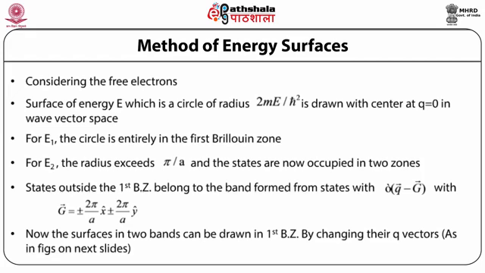Now, as I had shown in the previous slides, the surface in 2 bands where the electrons with higher energy are occupied can be drawn in the first Brillouin zone by changing their q vectors. That is, you bring the occupied levels of the second Brillouin zone and map them onto the first Brillouin zone.